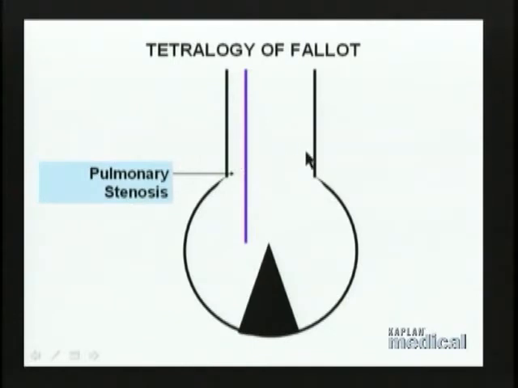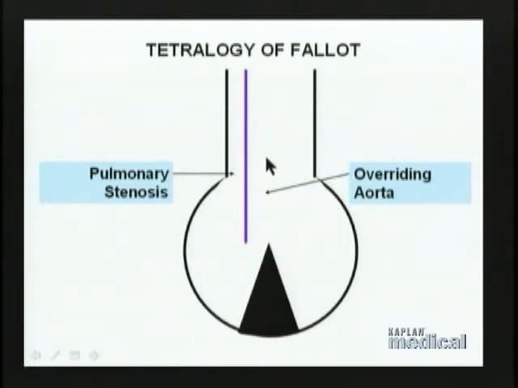The aorta being too big results in the overriding aorta. That is the second element of tetralogy of Fallot. By overriding, it means that the aorta is so large that it straddles both ventricles. It's overriding both ventricles, both the left and the right ventricle. So that's the second element.